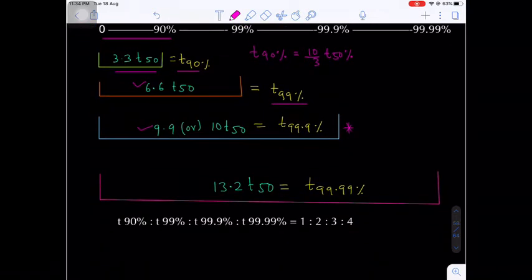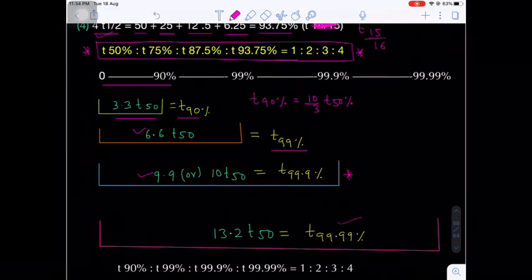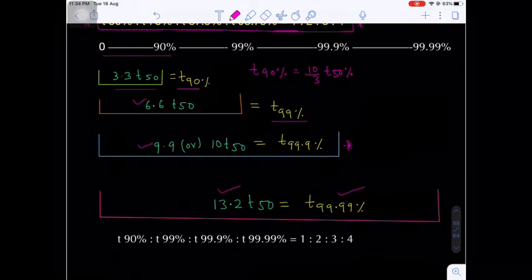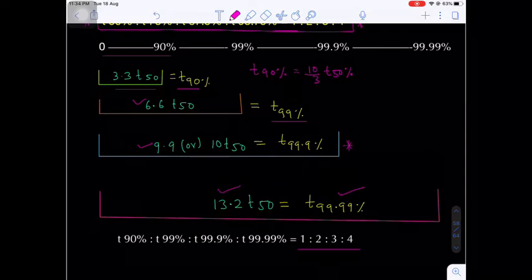Next, 99.99% completion will take 13.2 times of the T50. Now if you see the common factor, 3.3 is the common factor. If you see the ratio T90, T99, T99.9 and T99.99, you will have a ratio 1:2:3:4.